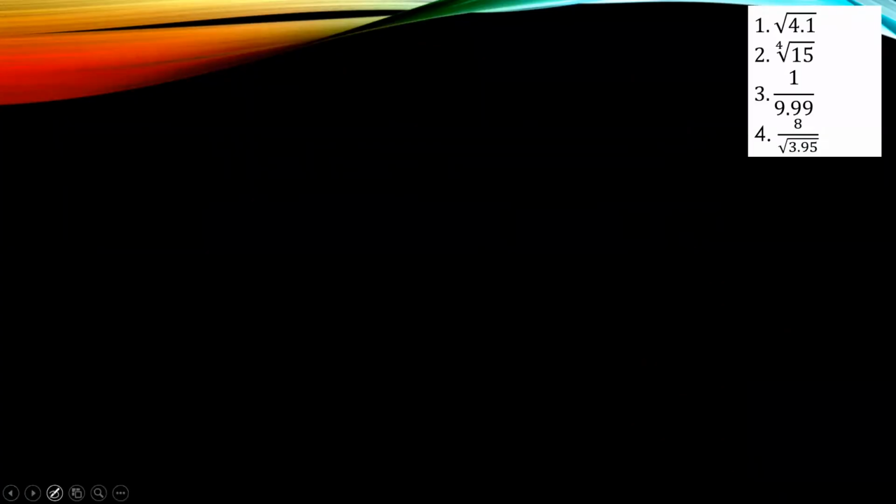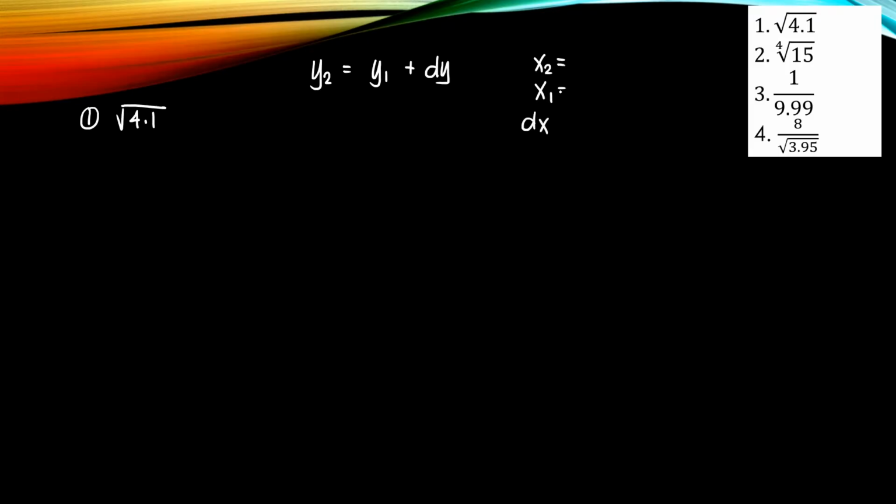Number 1, we'll try solving the square root of 4.1. So as I said, y2 is equal to y1 plus dy. First, let's think of what the y should be, what the x should be. Of course, as I said, for the subscripts 2 and 1, the 2 is the one to be approximated.